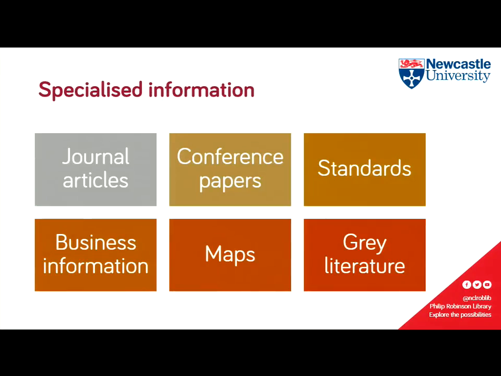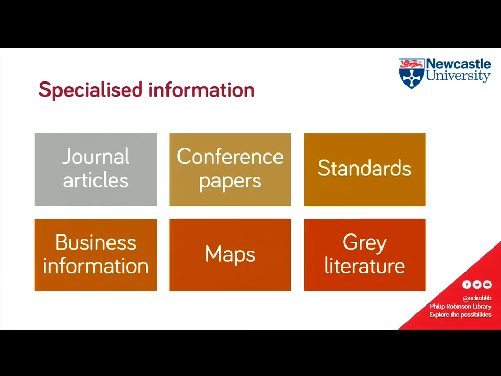Okay, so just looking at a few of the types of specialised information you might be looking for. Journal articles are going to probably take up the most part of your bibliographies. Original research journal articles are really what your lecturers are looking to see in your reference lists. When you're looking at journal articles, there are a couple of different types.